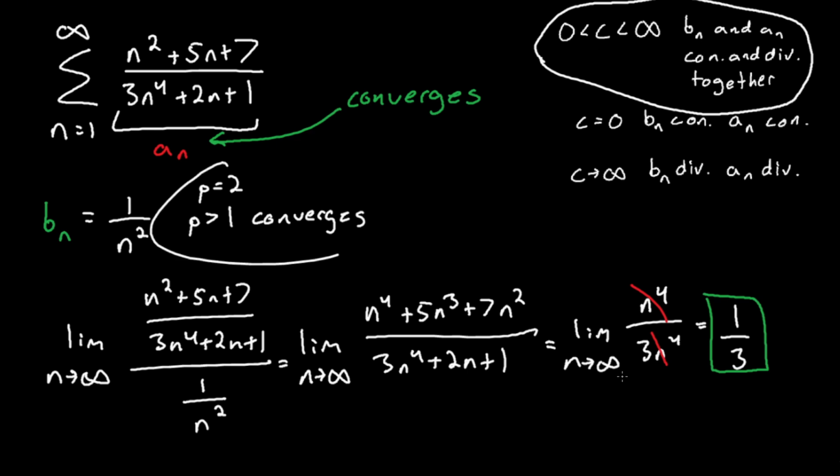So you could have just used p-series, I guess, right, just off the beginning. But if you use the limit comparison test without finding the constant, the c value of your limit to infinity, then you're going to lose some points. So keep that in mind. You need to prove that c is between 0 and infinity.